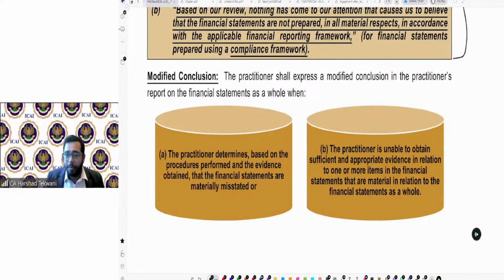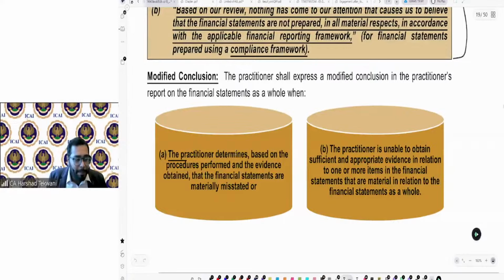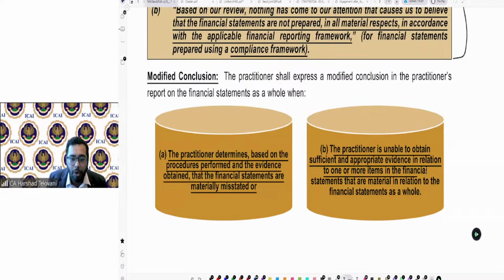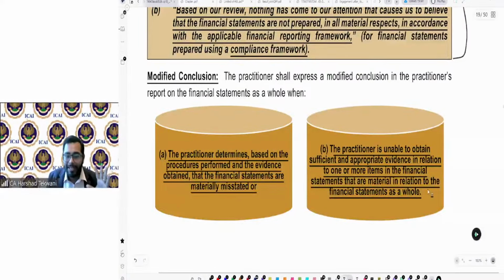Or there could be a scenario where I'm not able to obtain the evidence. So either the practitioner determines, based on the procedures performed and evidence obtained, that the financial statements are materially misstated because of the manual adjustment, or the practitioner is unable to obtain sufficient and appropriate audit evidence in relation to one or more items in the financial statements that are material in relation to the whole financial statements.